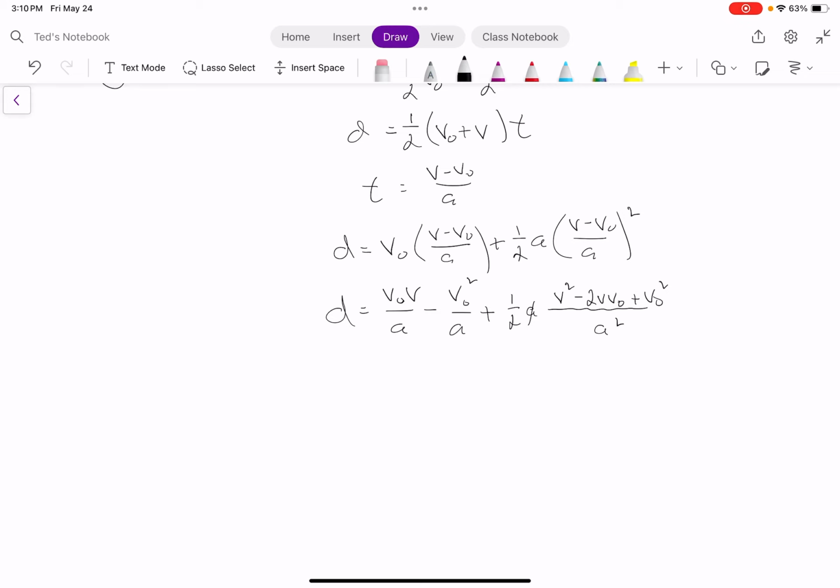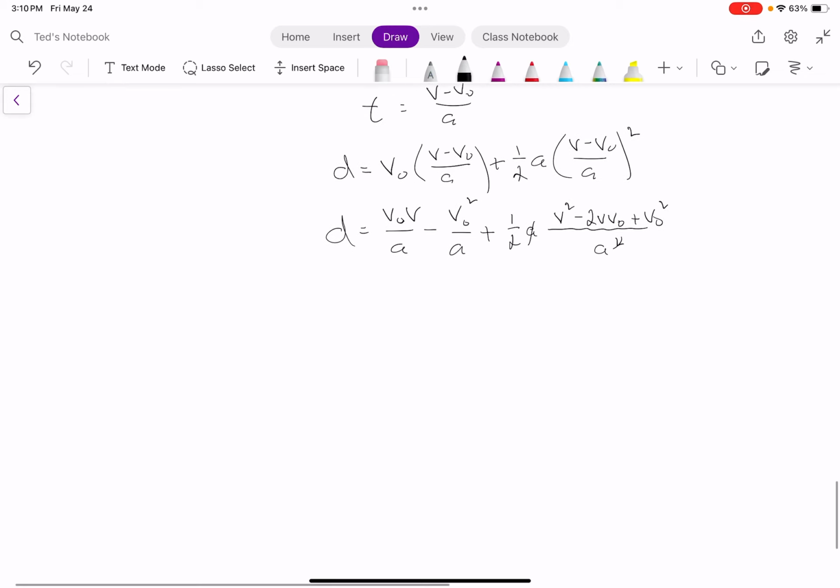And this a cancels with that a. One more line, v0 v over a minus v0 squared over a plus 1/2 v squared over a minus v v0 over a plus 1/2 v0 squared over a.